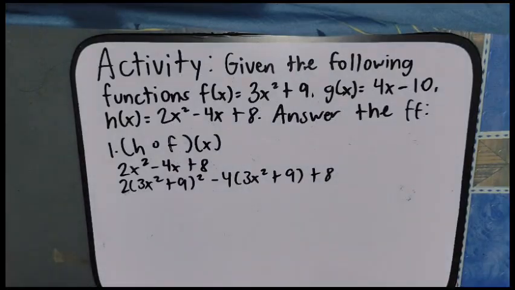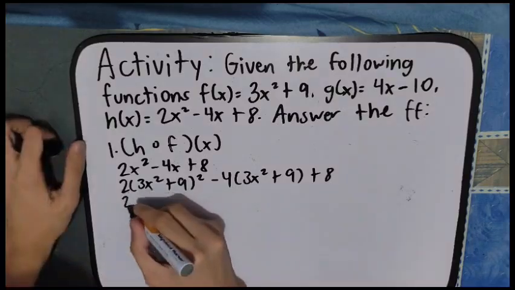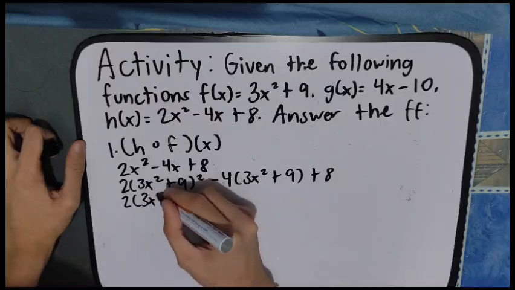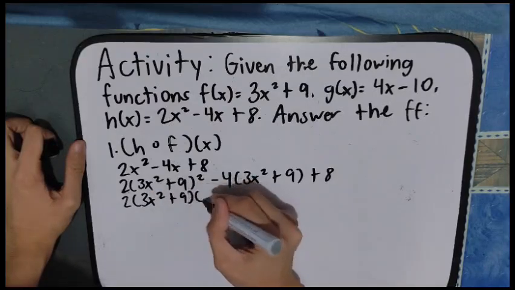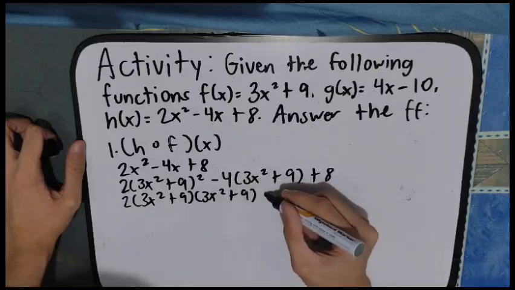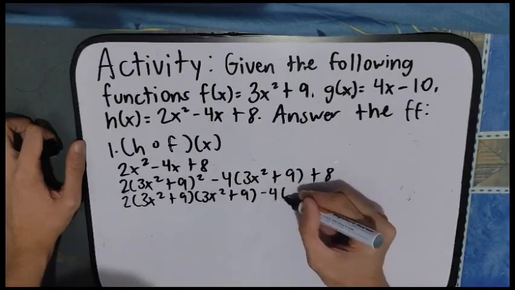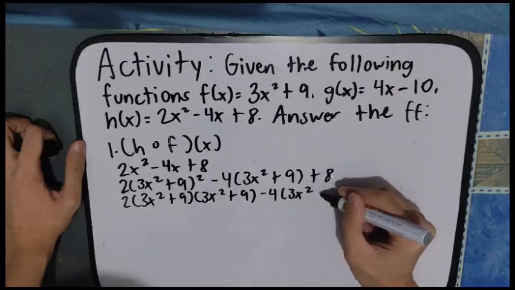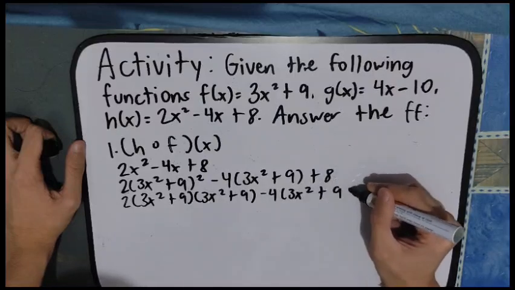After this, we're going to expand 3x squared plus 9 squared and solve using the FOIL method. Expand 3x squared plus 9 times 3x squared plus 9, and then copy the above terms.